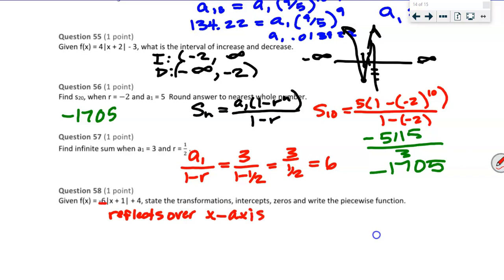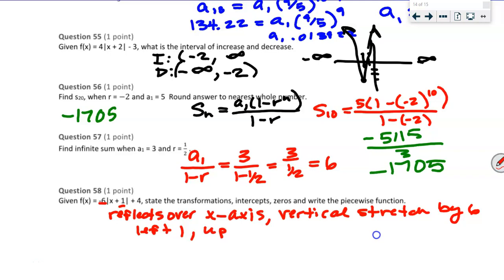That's a right there. And we also know that it is a vertical stretch by 6, okay? Then this means it moves left 1, because that's really a -1, right? And then up 4, okay? That's what all those things mean.